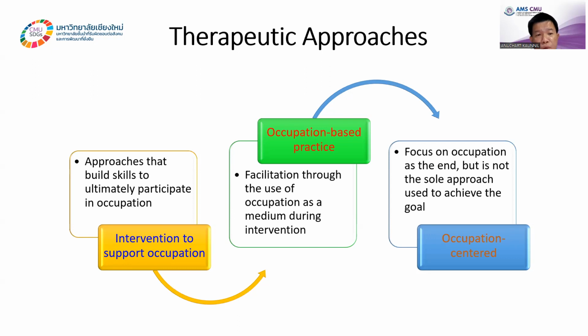It builds skill to ultimately participate in occupation. One day it is going to go to real occupation. Okay, this is step one. And after that, go here: occupation-based practice, facilitated through the use of occupation as a medium during intervention.